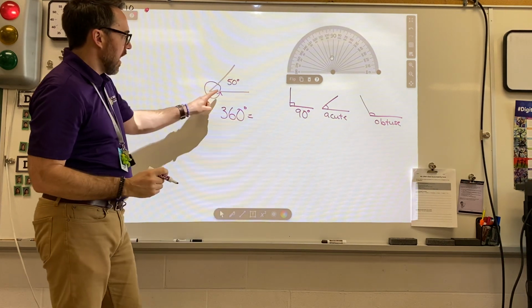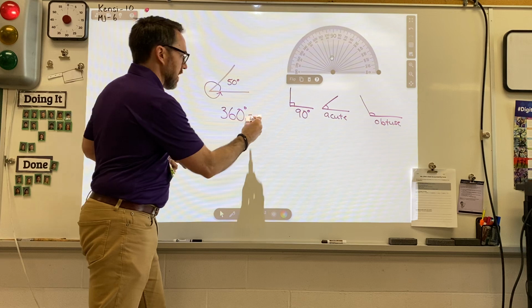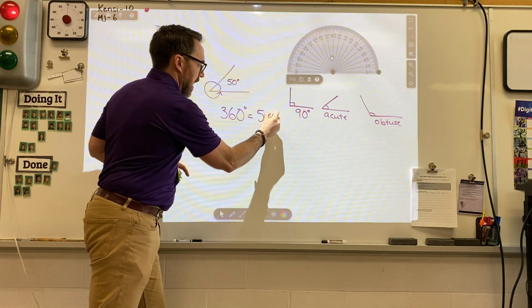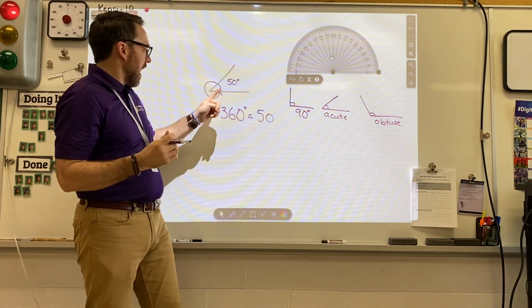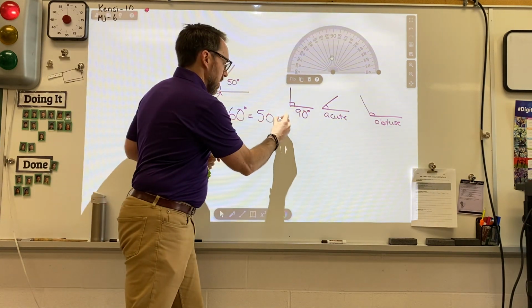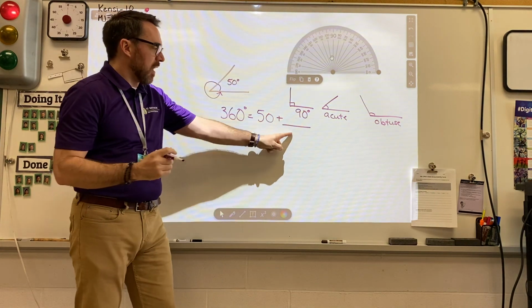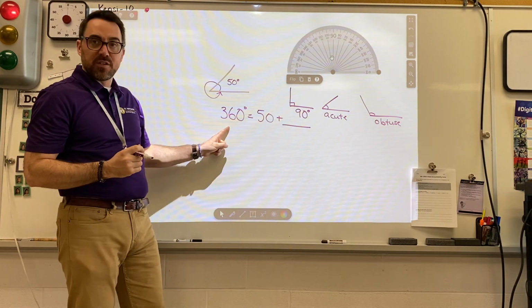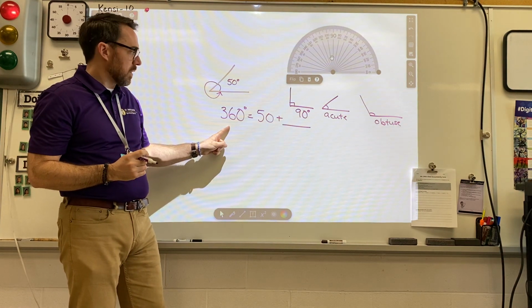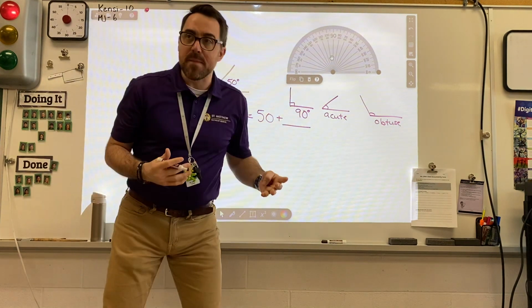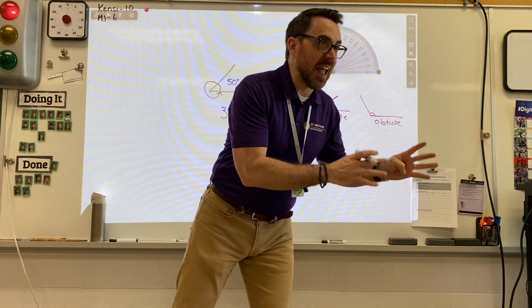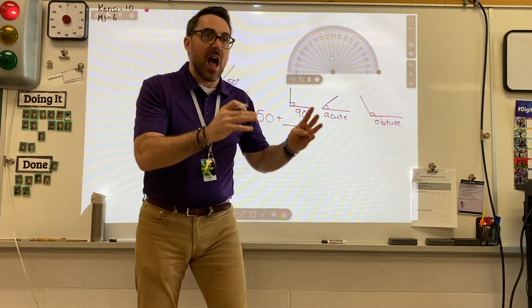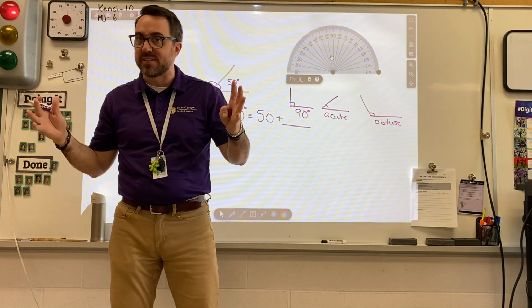I already have 50 here. So I know automatically my outside angle there is whatever 50 plus that angle equals 360. So the way I measure those outside angles is to measure the inside angle and then figure out how much more it takes to get to 360.